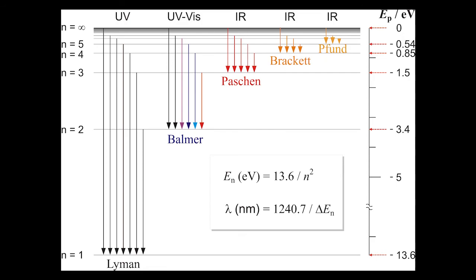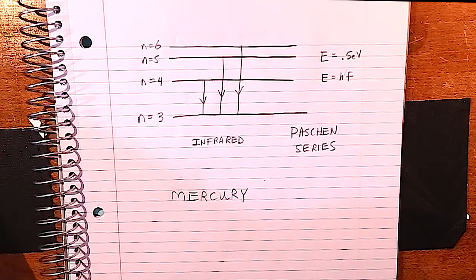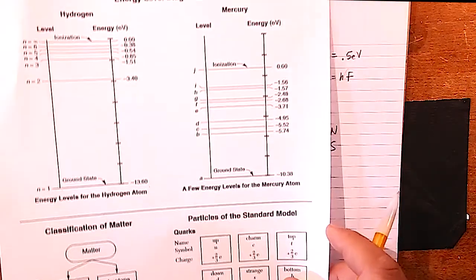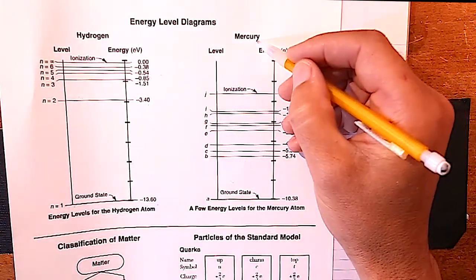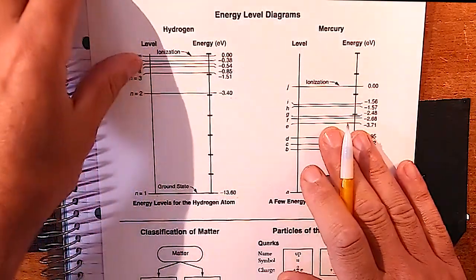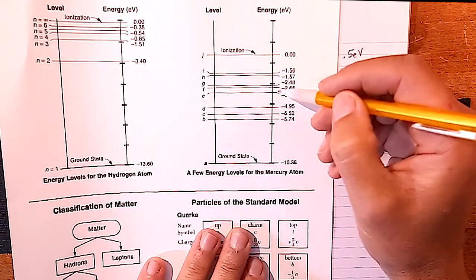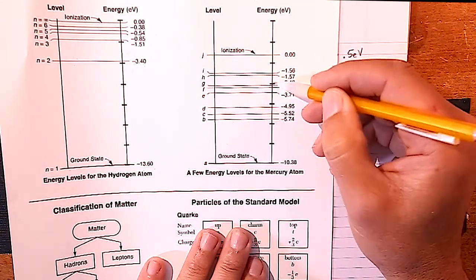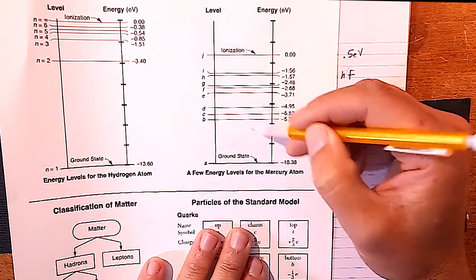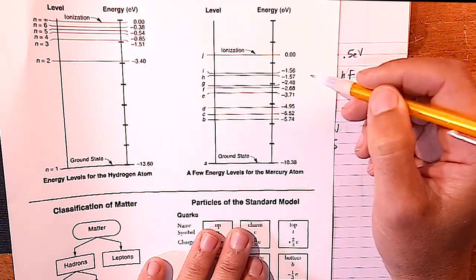And then there's the other series that we don't have to deal with, which are the smaller jumps from the higher energy levels. Now, I'm not going to do examples of these for mercury, but it's exactly the same as hydrogen. How do you do it? Well, if you want to find the jump, you just find the energy levels and subtract the difference and do the same process that we did before.